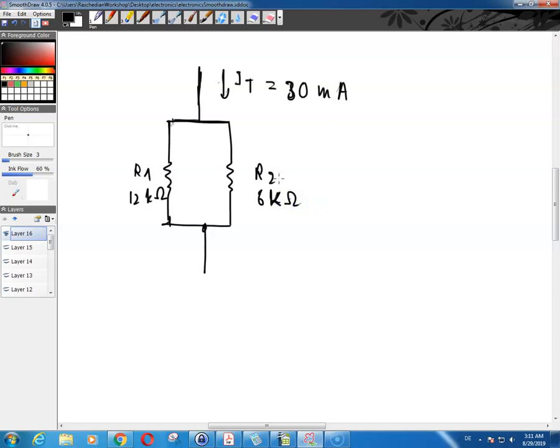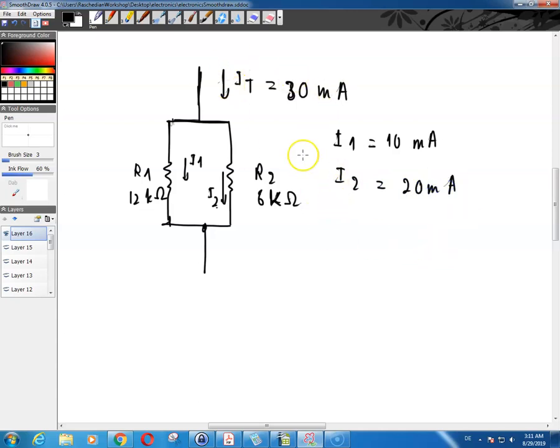We calculated values for I1 and I2, as this is I1 and this is I2. We calculated I1 as 10 milliamps and I2 as 20 milliamps.